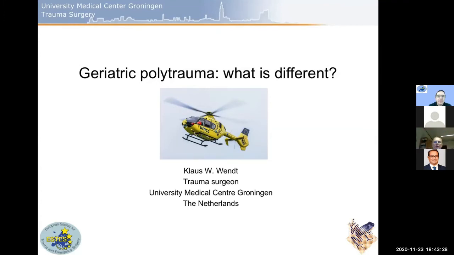I will give a presentation about geriatric polytrauma. Chris mentioned several topics, and I will take you through our research at our hospital. Geriatric polytrauma is one of our research topics.